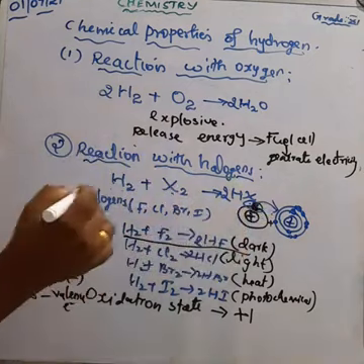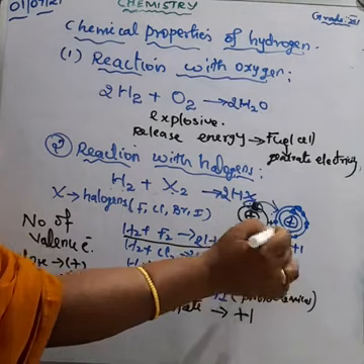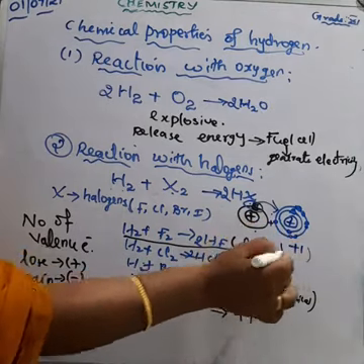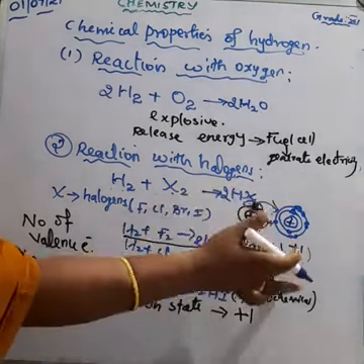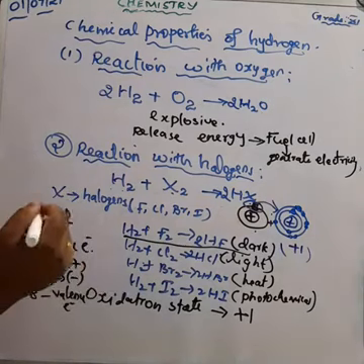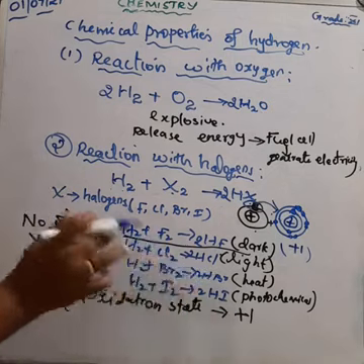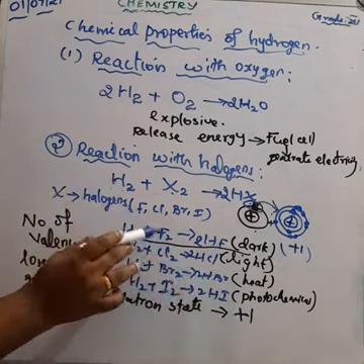So what is the oxidation state of hydrogen for this reaction? +1, because hydrogen lost 1 electron. When it gains 1 electron, what is the oxidation state of hydrogen? -1. Here for this reaction, what is the oxidation state of hydrogen?